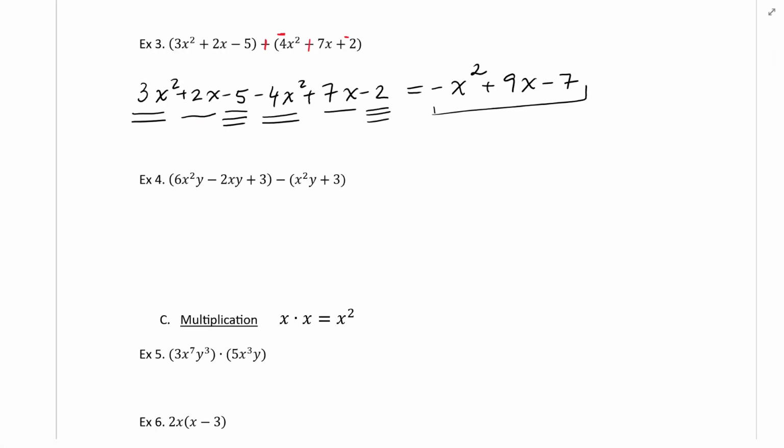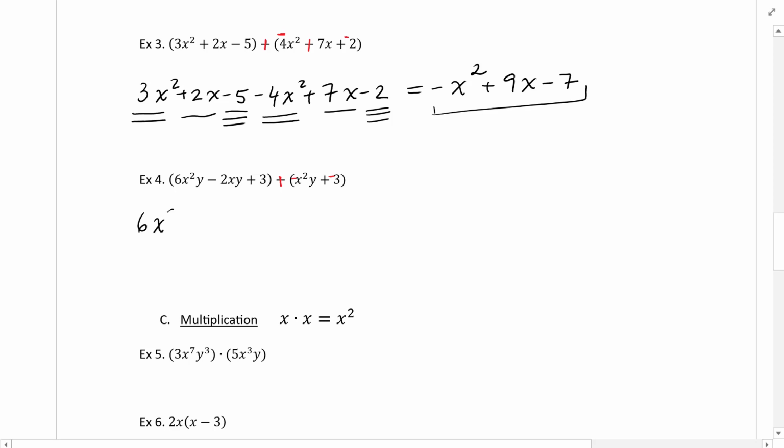Let's take a look at example 4. So again, we have a subtraction between the quantity 6x squared y minus 2xy plus 3 and the quantity x squared y plus 3. So again, we add, and then we write the opposite of all the terms inside the parentheses.